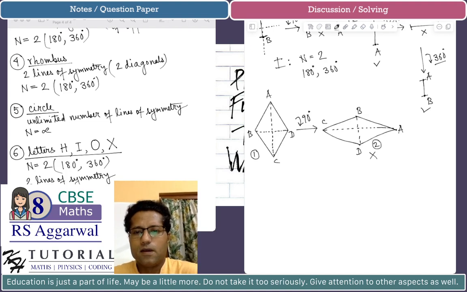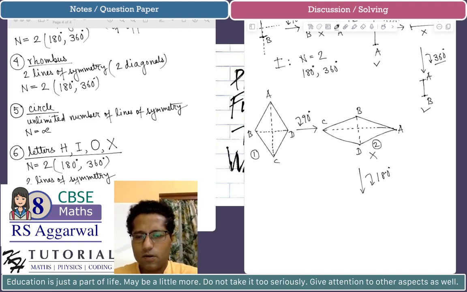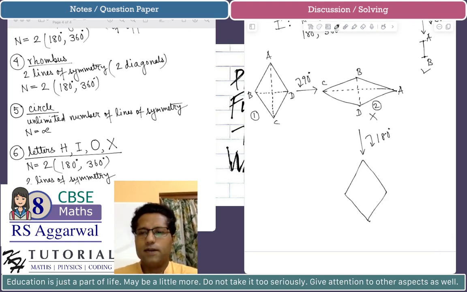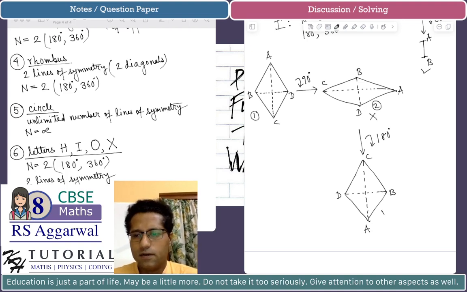Now if I rotate the rhombus from the starting position, position 1, by 180 degree, we will see that the rhombus will look identical, even though the position of the vertices has changed. So this is A, B, C, D, and these are the lines of symmetry, and this is looking identical.